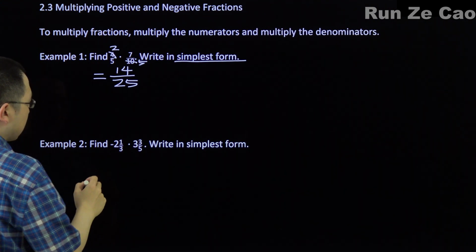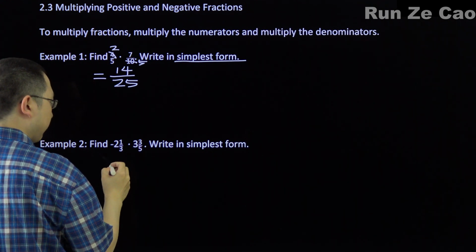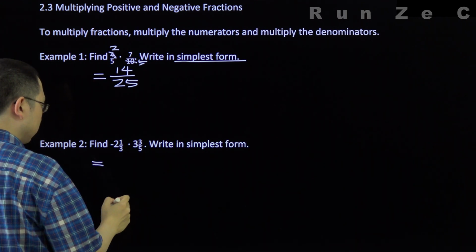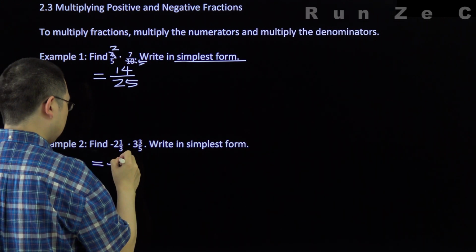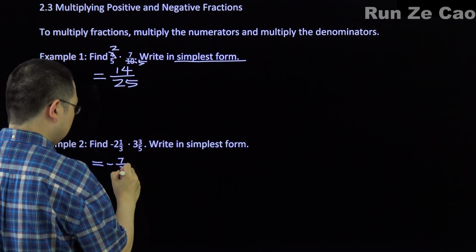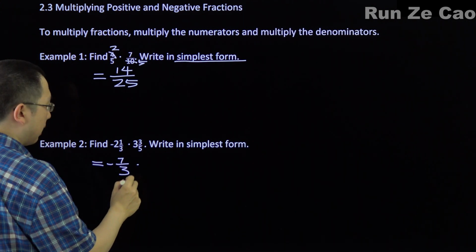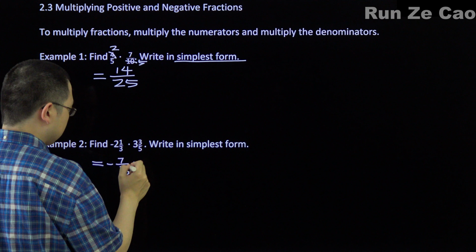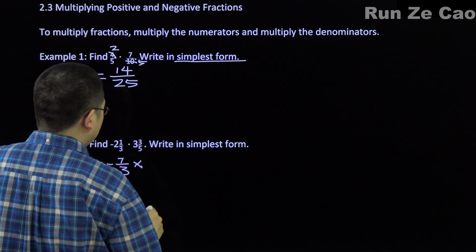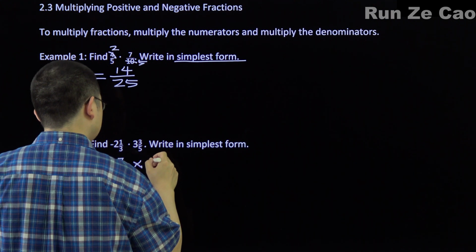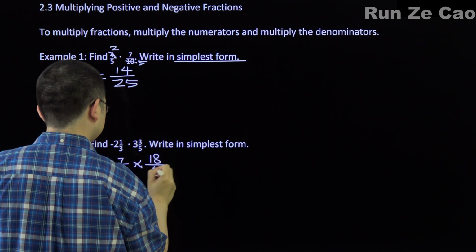Okay, find negative 2 1/3 times 3 3/5. That's equal to negative 2 times 3 is 6 plus 1, 7 over 3 times. The dot product is perhaps not the most convenient for my writing utensil, so I'll use the x. 3 times 5 is 15, plus 3 is 18, so 18 over 5.